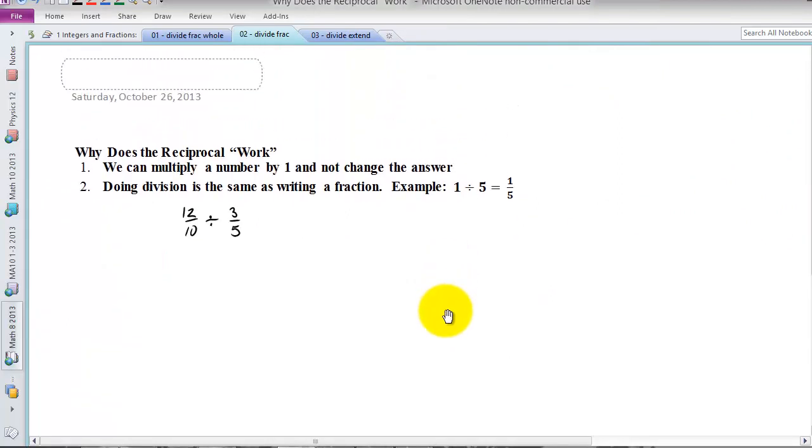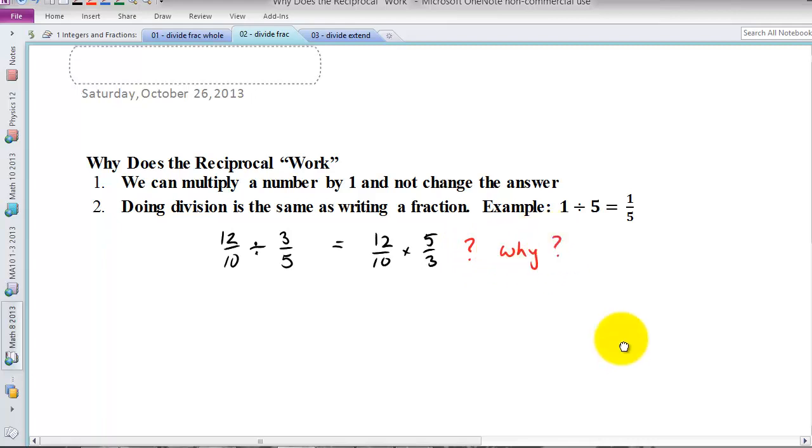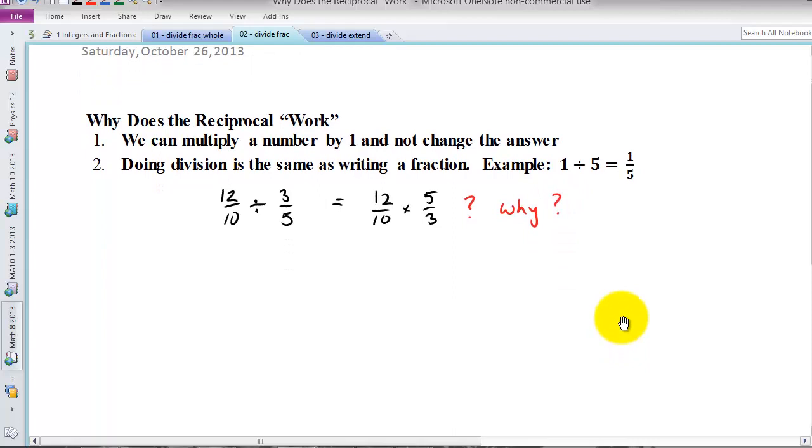Now, why does that reciprocal work? Why can we say that 12 tenths divided by 3/5 is the same as 12 tenths times 5 over 3? I'll show you why. There are two ideas we're going to use to show that.